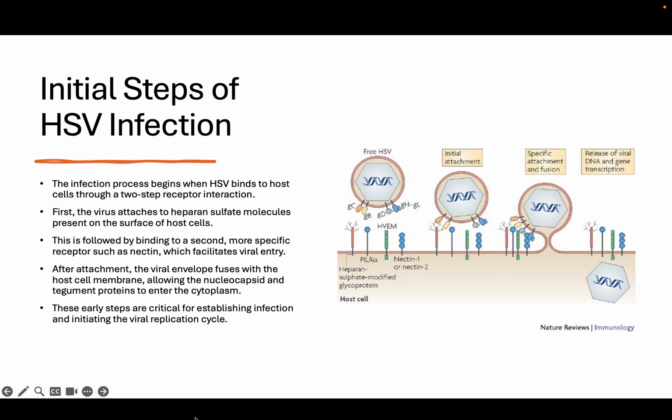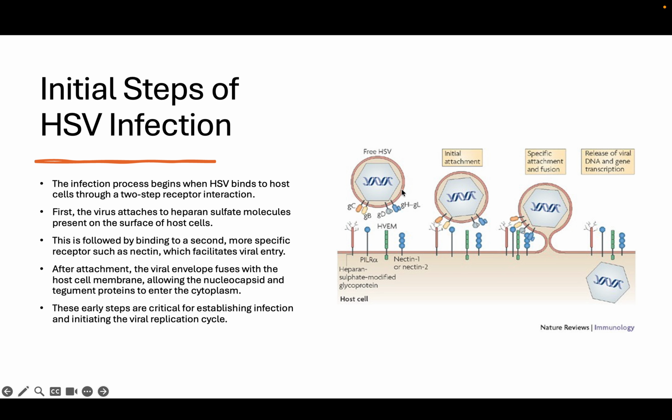In the initial steps of herpes simplex infection, the viral glycoproteins, specifically the G protein, first bind to heparan sulfate. This molecule is found quite extensively in epithelial cells, and it allows the virus to sit on top of the cell.